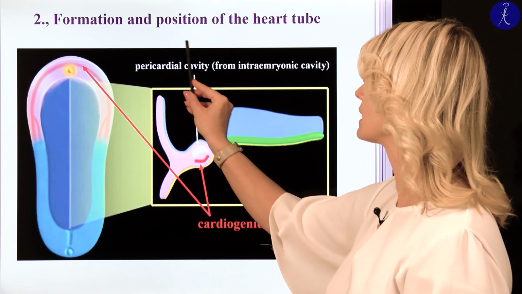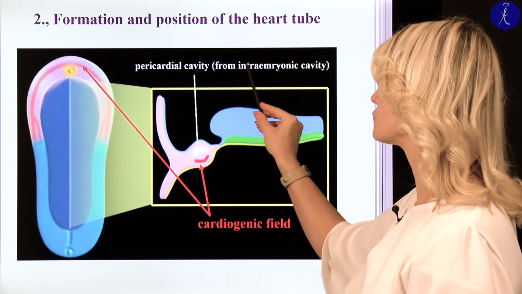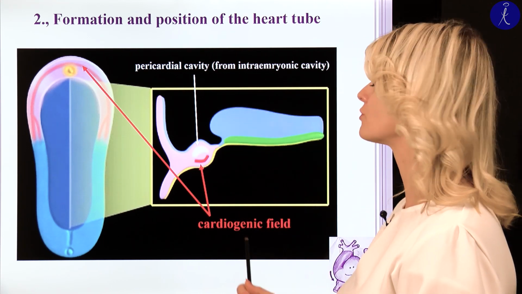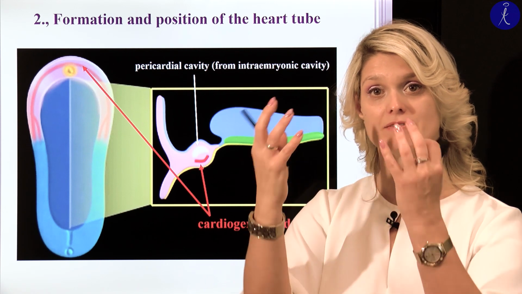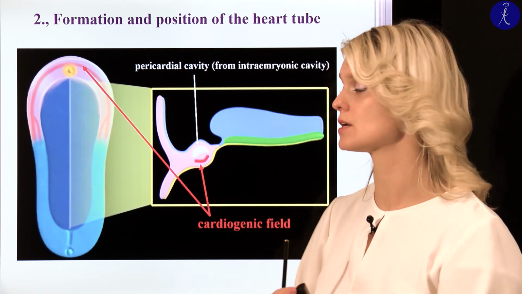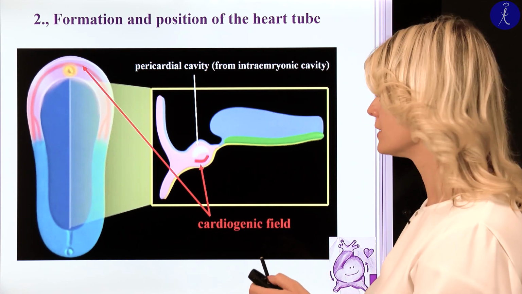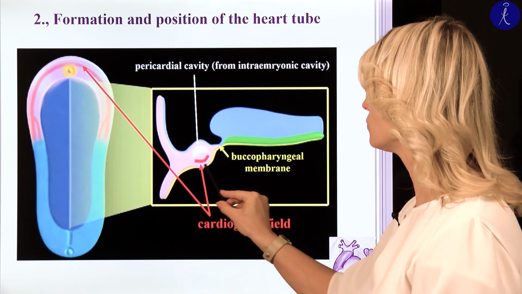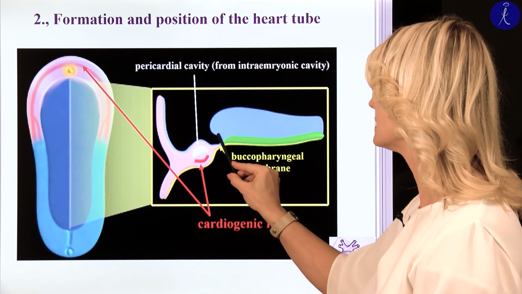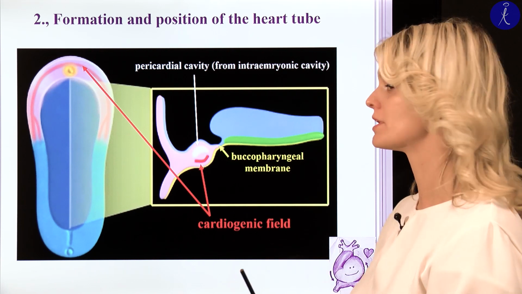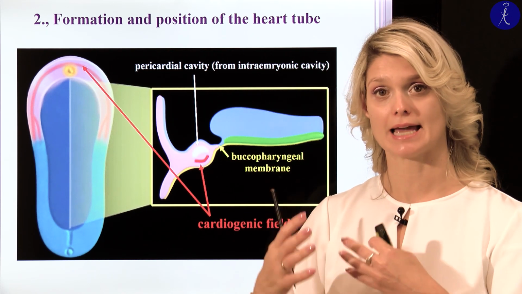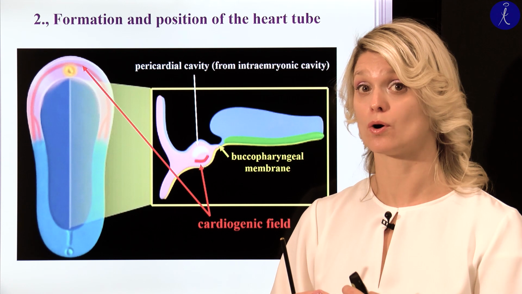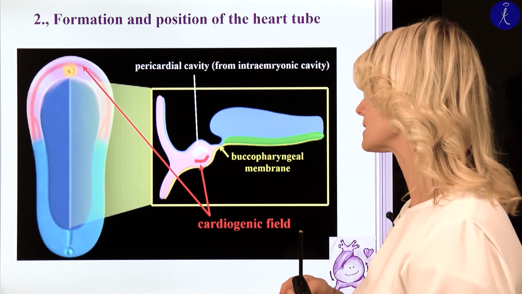We have a pericardial cavity, which will originate from the intraembryonic cavity. This is the cavity which will surround this developing structure. And you can see that all of these structures are located in front of the buccopharyngeal membrane at the beginning of the whole development.